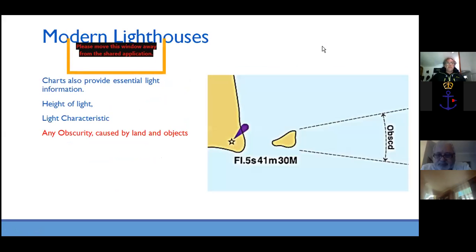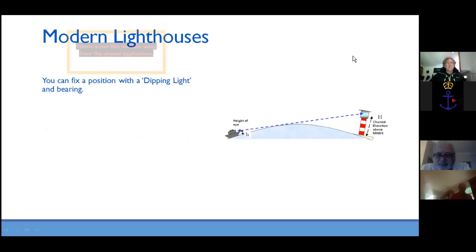Okay, so the height of the light, characteristics, specifically if there's an obscured section. So if you've now got something in the way, now if you do any sort of trip up the east coast of this country, a lot of those lights can be obscured because the coastline is so flat. So any obscured section is detailed on a chart.